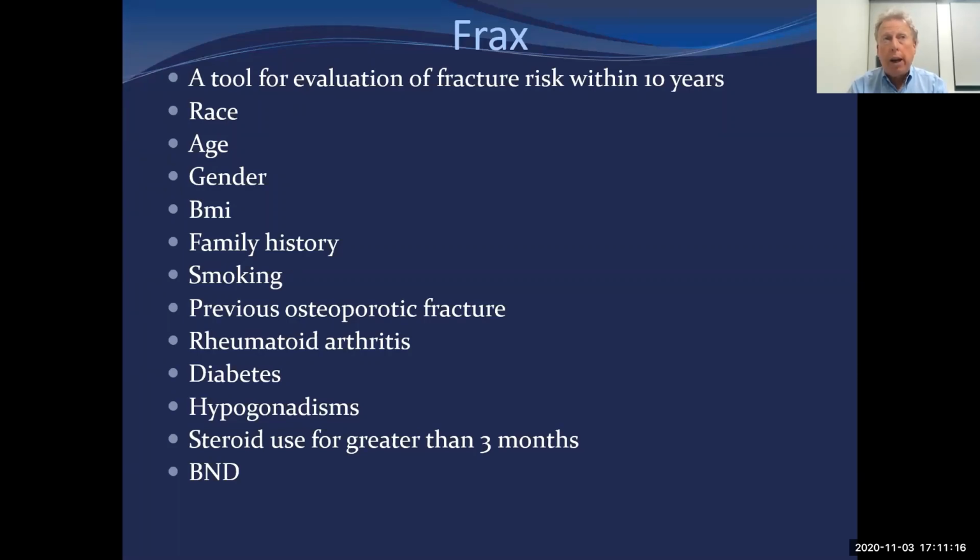If you were on the wane in your hormone levels, if you'd ever taken steroids for more than 3 months, and it does include a bone mineral density, BMD, that's supposed to be in this picture. It was an attempt to characterize your risk for fractures. It's more of a statistical analysis, but people talk about your FRAX score, whether you're going to be a person that could theoretically fracture something within 10 years.